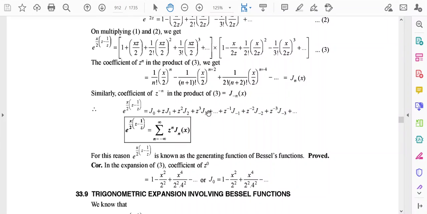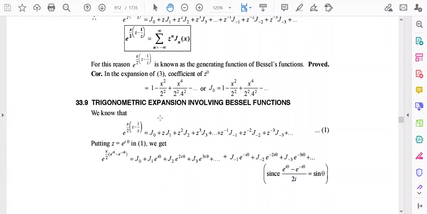So j0 is equal to 1 minus x square by 2 square plus x to the power 4 by 2 square 4 square in this way. So you can obtain the series for j0x from this equation if we put n equal to 0.